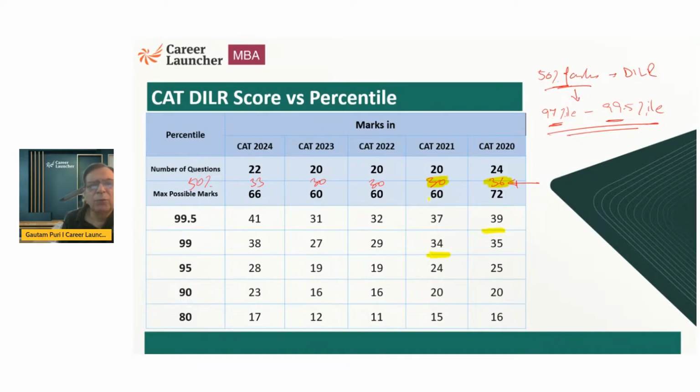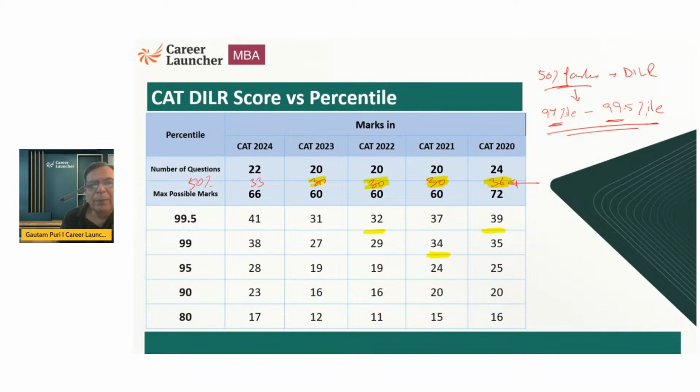So the paper of 21 was easier as compared to 2020, which is why the percentile fell at 50%. But the same 50% marks in CAT 22, which was a much more difficult paper, would have got you above 99 percentile, something like 99.1 or 99.2.